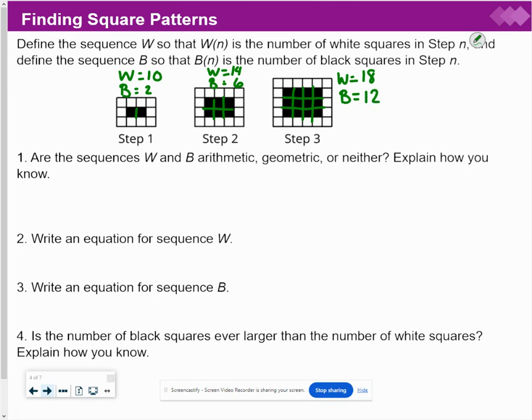All right, so let's look for some patterns here because I need to know if each of the sequences is arithmetic, geometric, or neither. The white squares for this went from 10 to 14 to 18. It's clearly just adding 4 every single time. So the white function is going to be arithmetic. And my rate of change is 4.